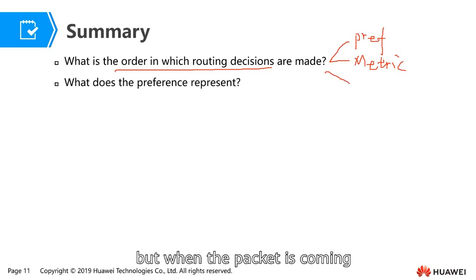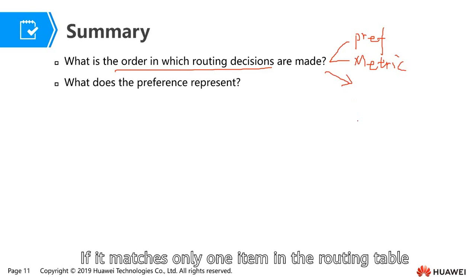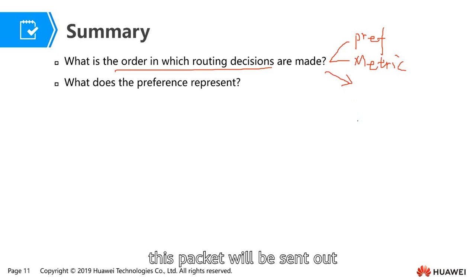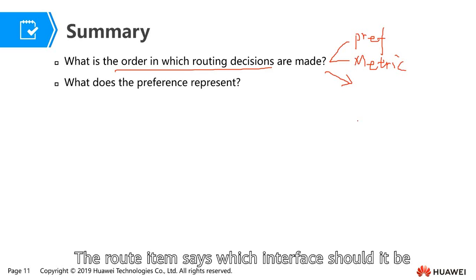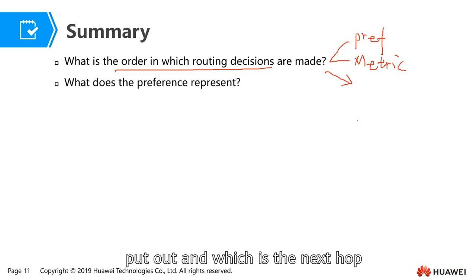But then when the packet comes in, how does the router use the route items? Of course, if we match only one item in the routing table, then this packet will be sent out as the route item specifies. The route item says which interface to send out from and which is the next hop.